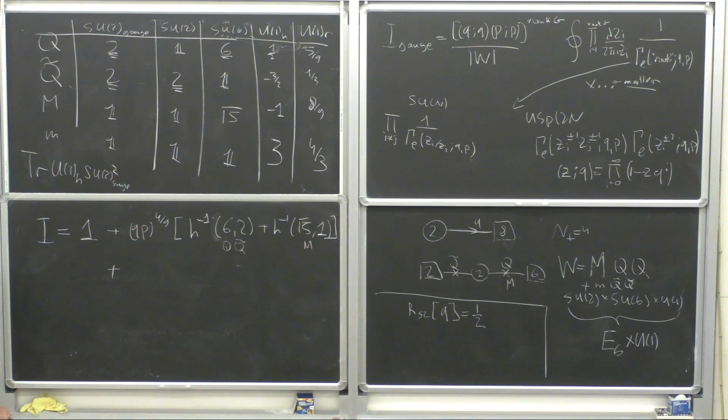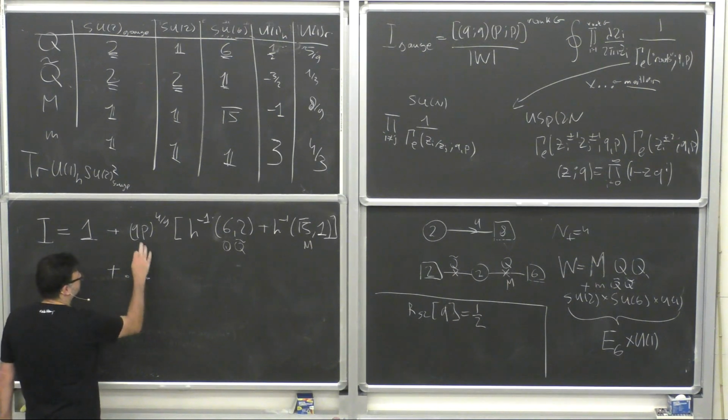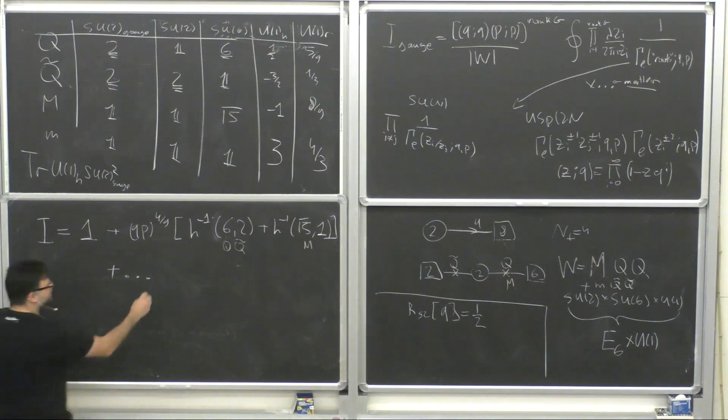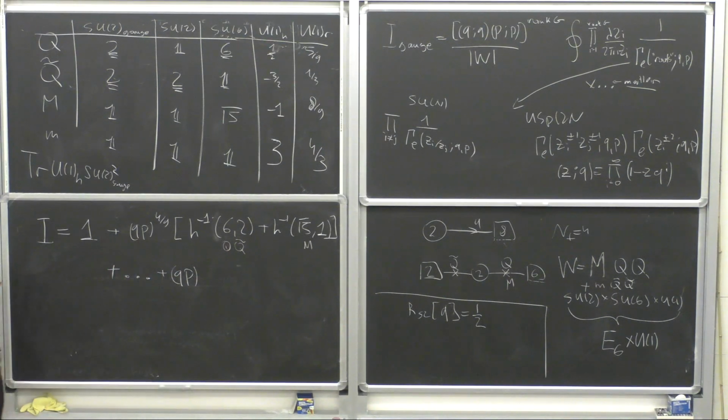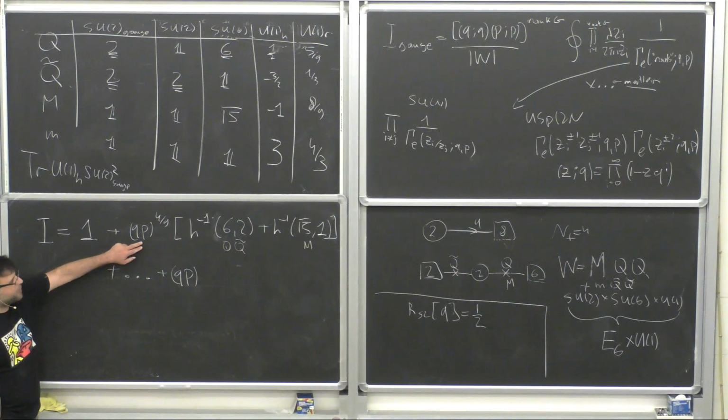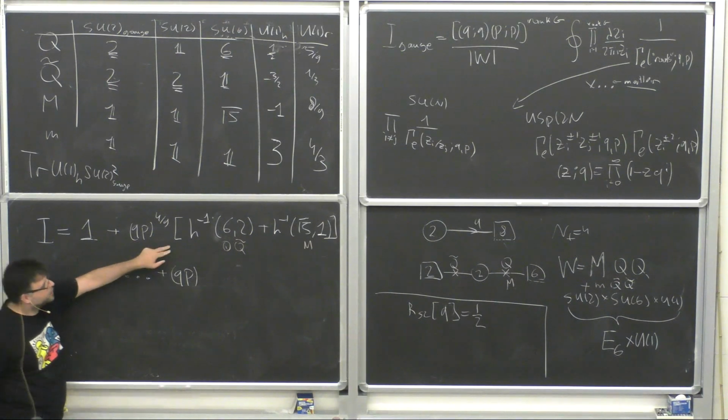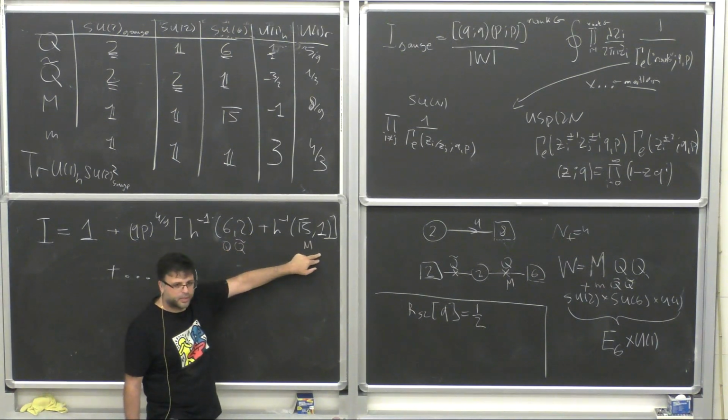Then there are several other terms with powers smaller than 1 of QP. But what we are interested in is the first power of QP. Do you remember what powers of QP smaller than 1 represent? These are the relevant operators. So we find that there are some relevant operators.